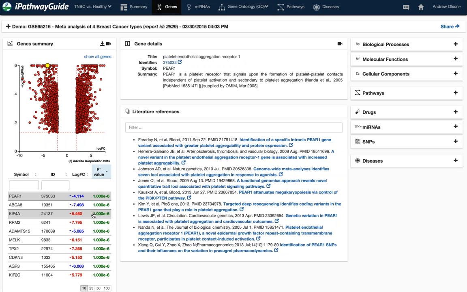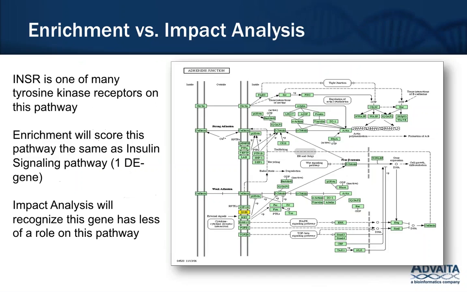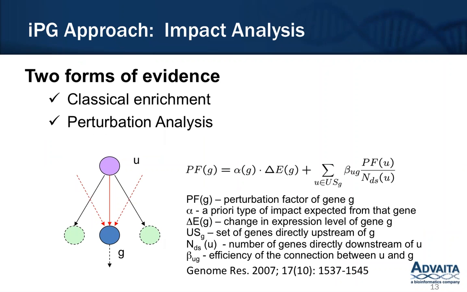Let me see if I can find that slide here very briefly. So we do look at the direction as well as the type of relationship, whether that's activation through phosphorylation or inhibition and so on. So yes, we take into account not only the direction, but also the signal change between the genes on the pathway. Thank you, Andrew.